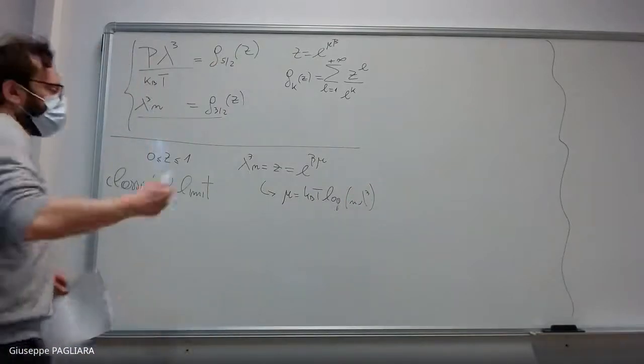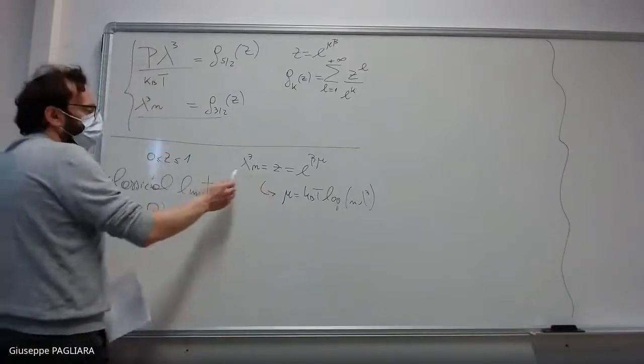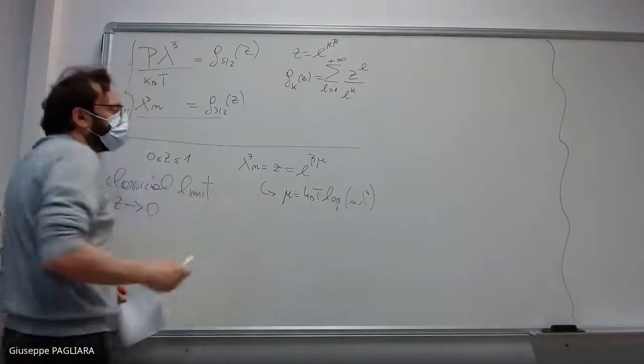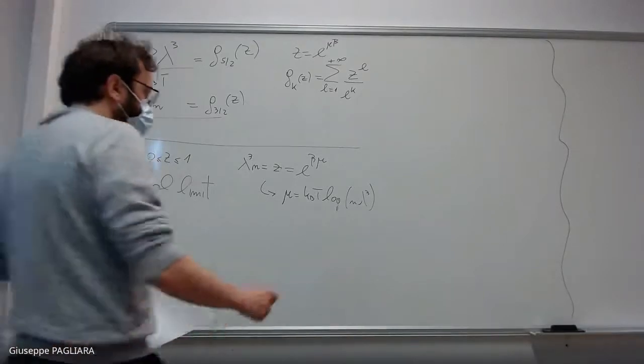You see also that as z approaches 0, lambda cubed n is a small number, which means small density or large temperature. Similarly, I can get it from the previous one, and this we did last time.